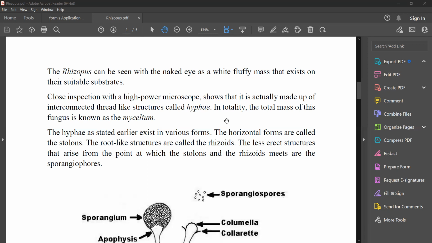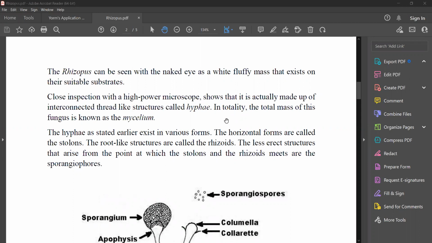These are terms that will obviously pop up in your exam, or you'll be required to know. So the horizontal hyphae are known as the stolon. Now you can have root-like structures in the Rhizopus, and these will not be called roots here, but rhizoids. And these rhizoids are most of the time just one cell thick. Let's take note of that.